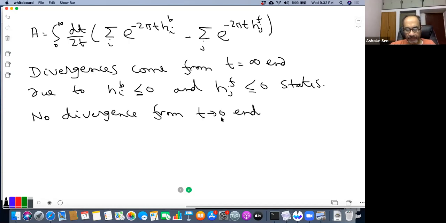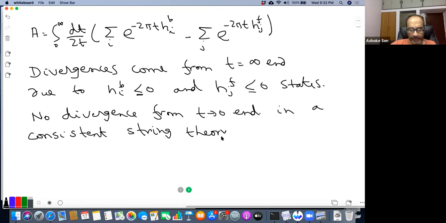This is in fact the ultraviolet end from the open string perspective, in a consistent string theory. Which basically means that as t goes to 0, these two terms cancel.